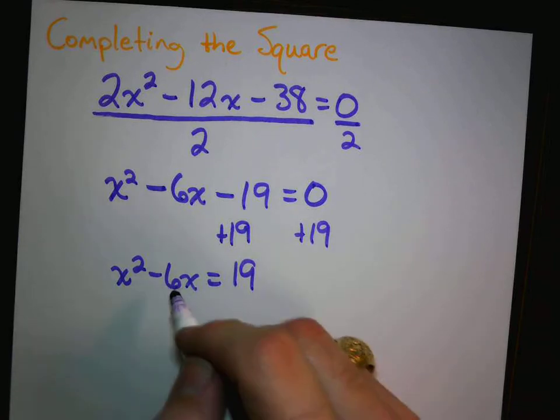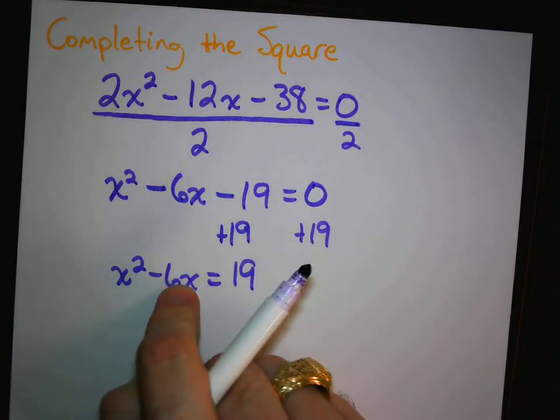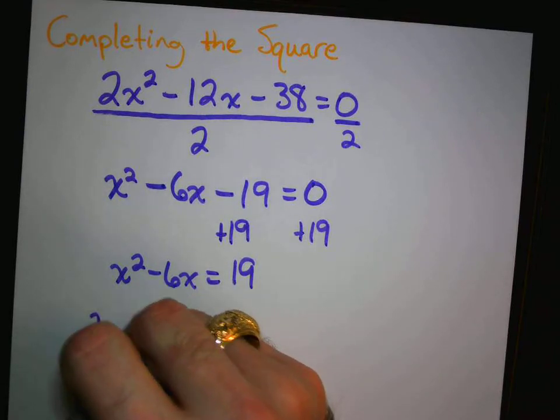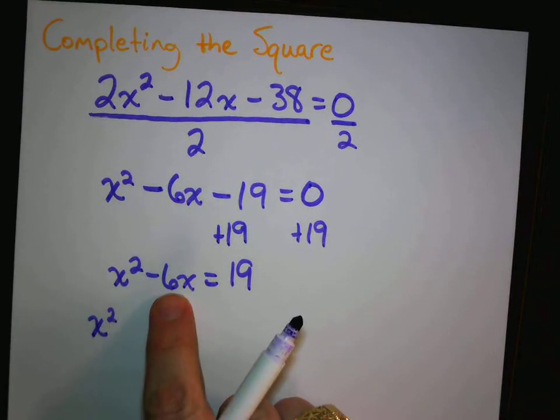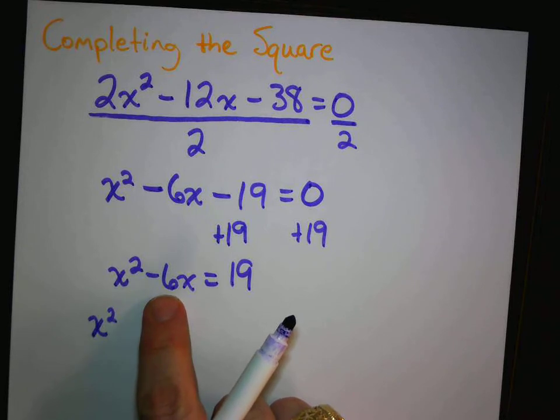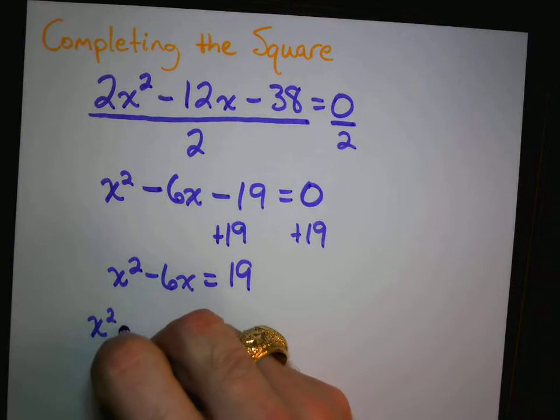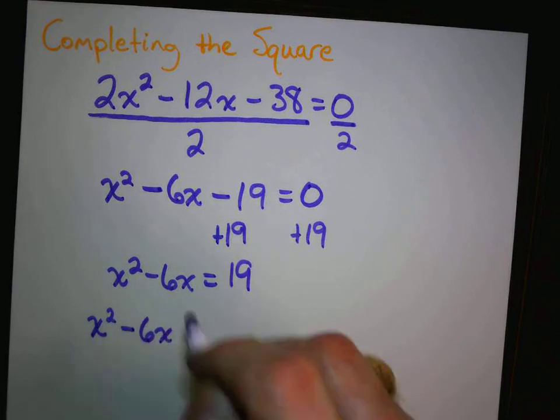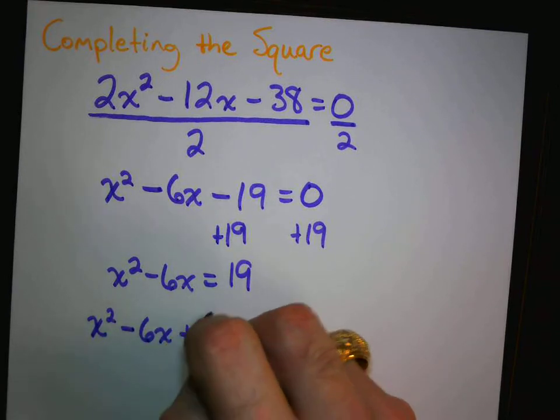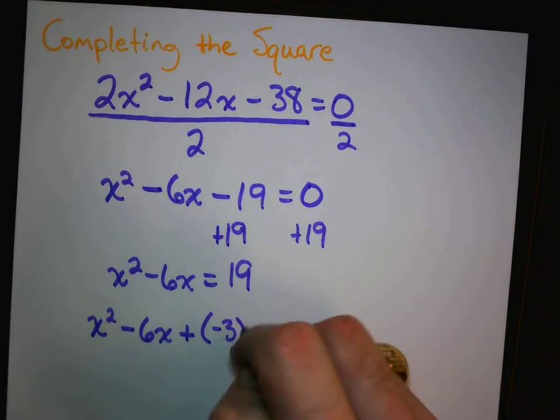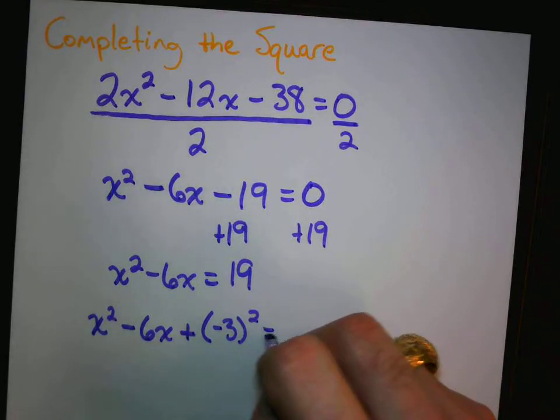And all I do is I take half of the b value, which in this case would give me negative 6, and I square that value. Negative 6, I take half of that and I get negative 3. So what I want to add to both sides is negative 3 squared.